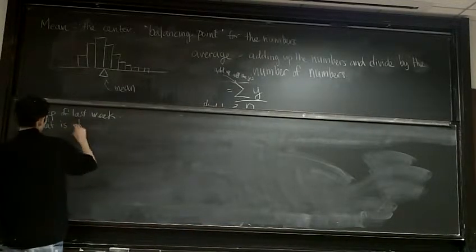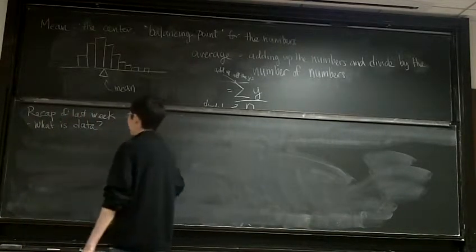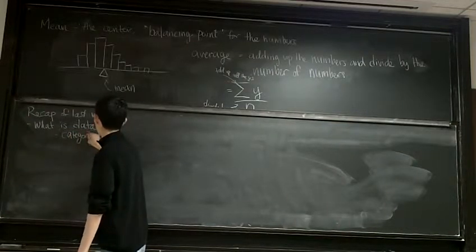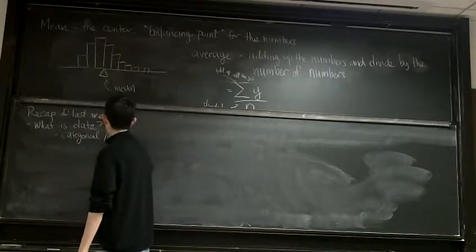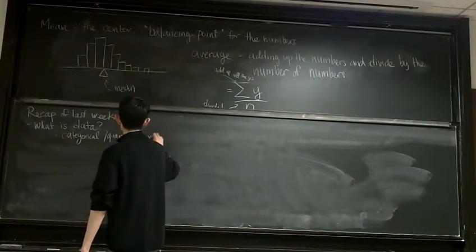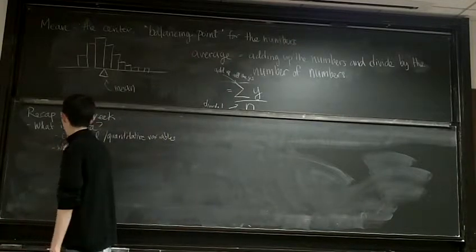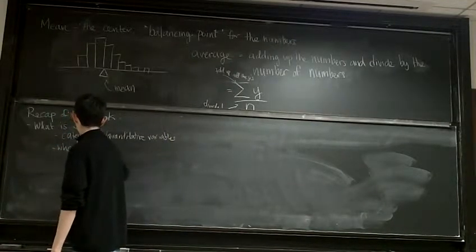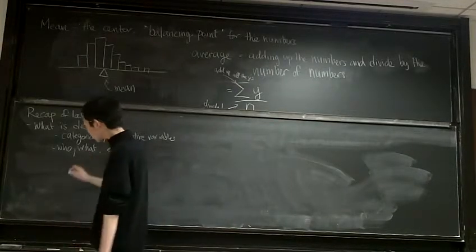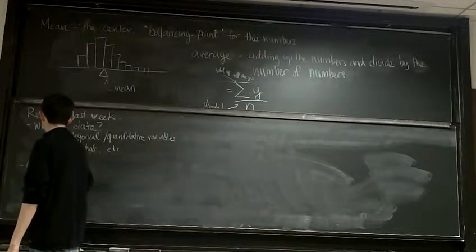And we mentioned categorical and quantitative variables. Talked about the who, the what, etc. Once we talked about that, we moved on to chapter 3, which was all about categorical variables.